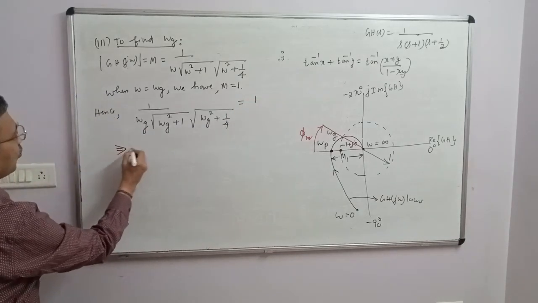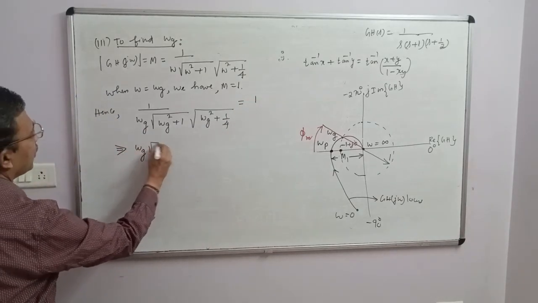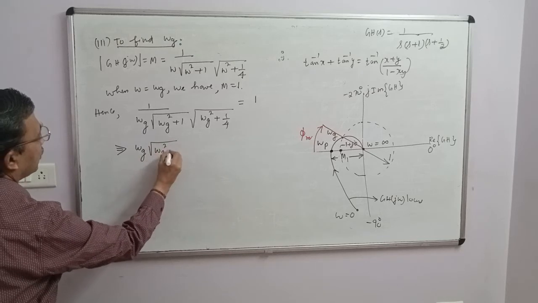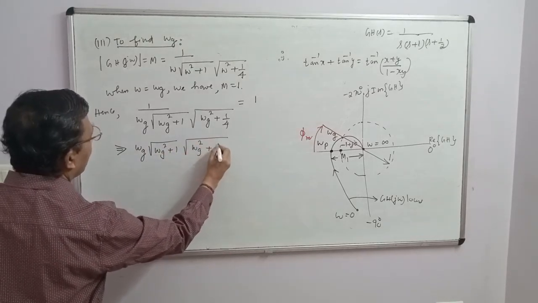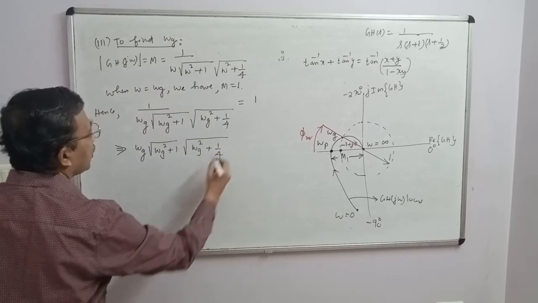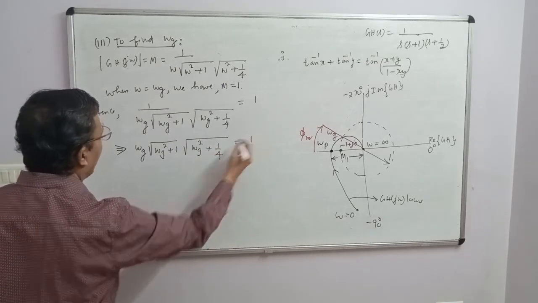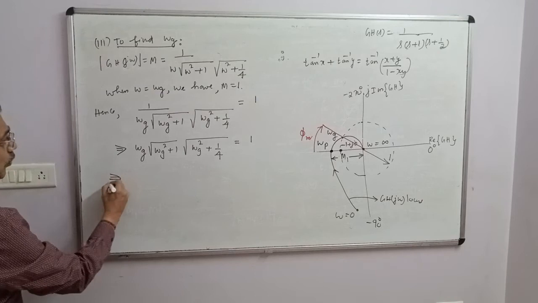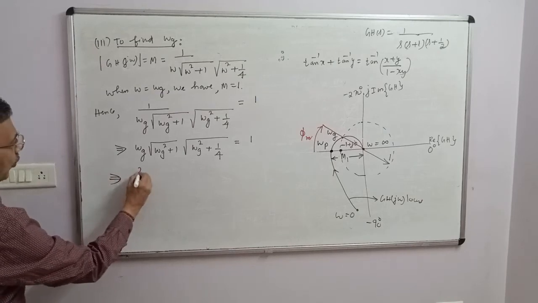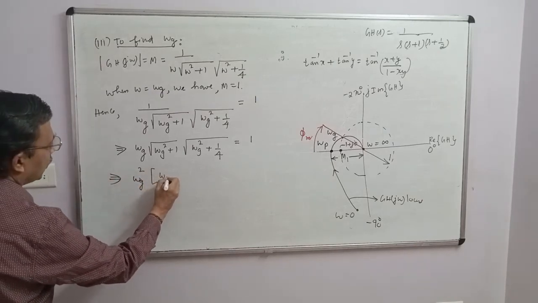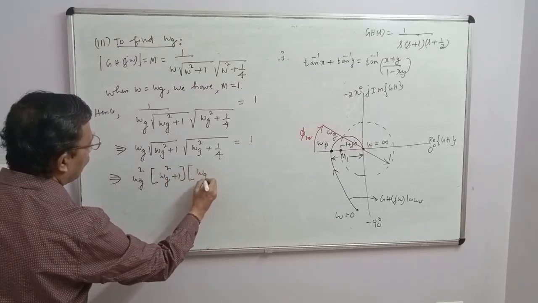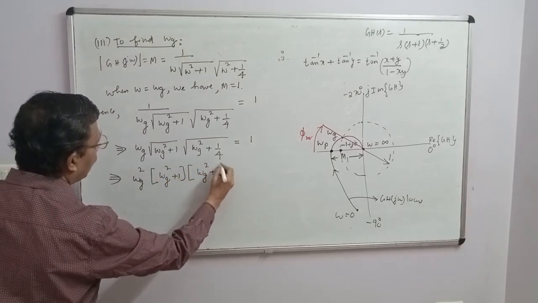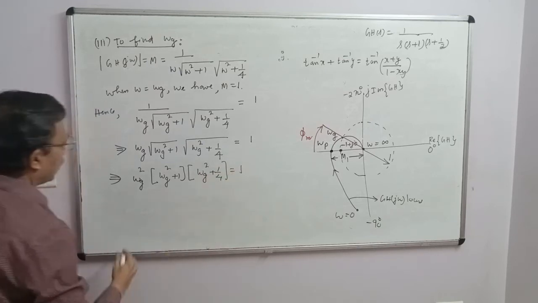Take reciprocals on both sides. You get omega g root of omega g square plus 1 into root of omega g square plus 1 by 4 is equal to 1. Squaring both sides, what you get? Omega g square into omega g square plus 1 into omega g square plus 1 by 4 is equal to 1.